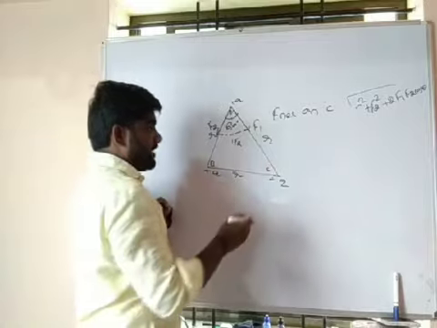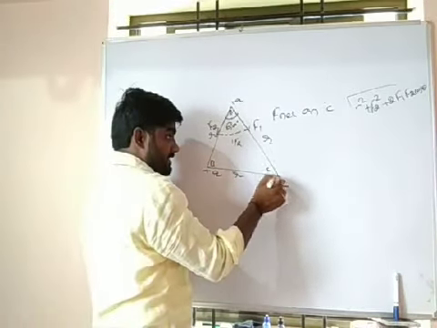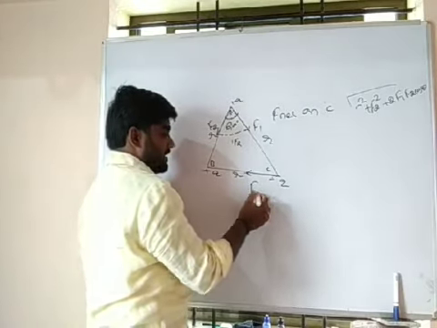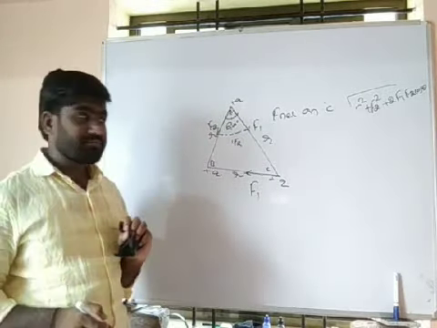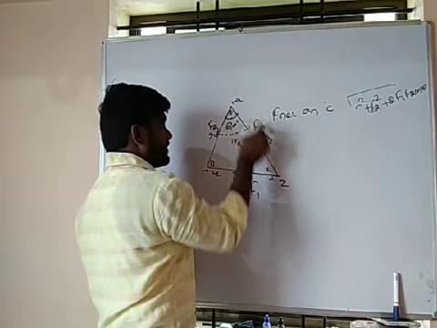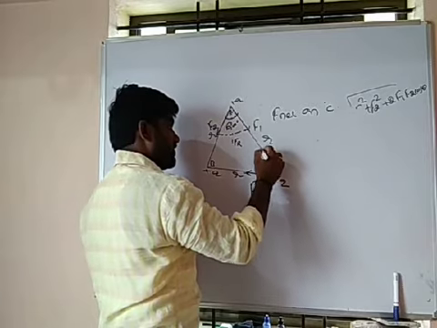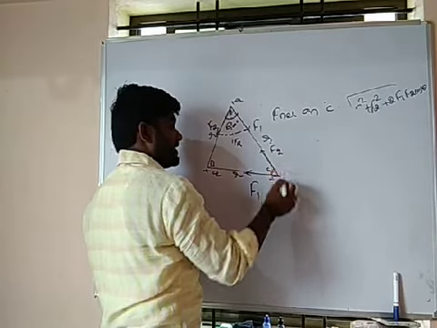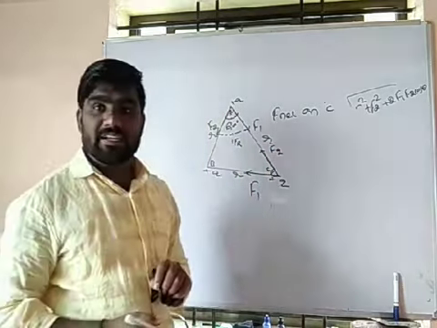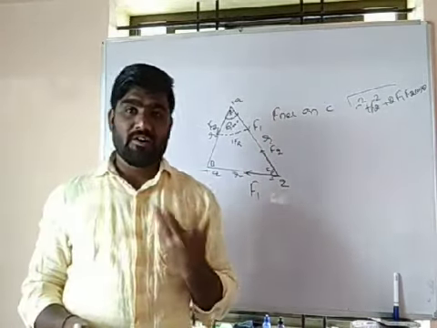F net on C can be calculated according to these two charges. This charge tries to attract with this, shall I take it as F1? Then according to these two charges, it is a negative, so it will be positive. F2 will be along this direction. At this point, the angle must be 60 degrees. So use the formula F1 square plus F2 square plus 2 F1 F2 cos theta.